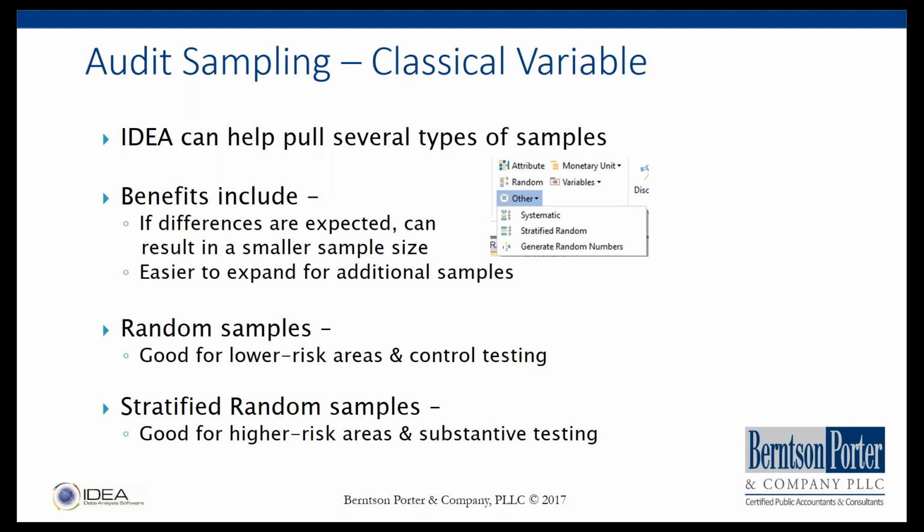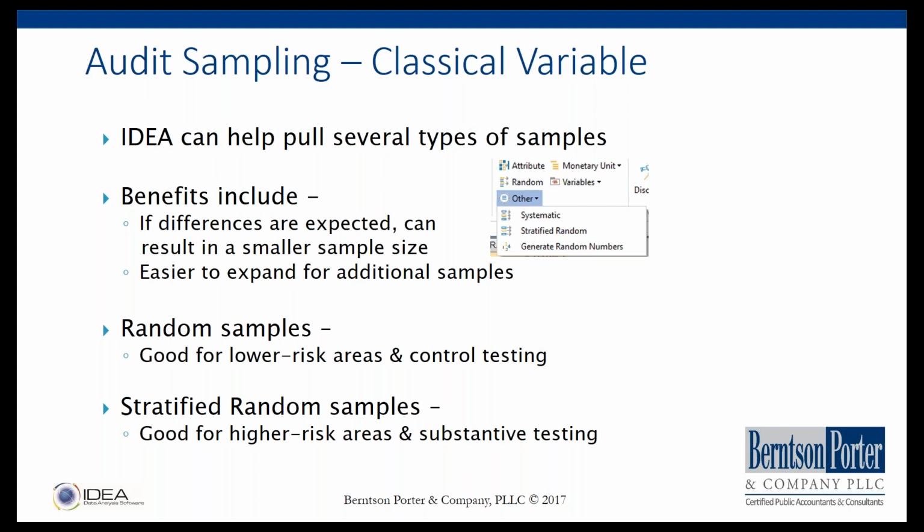So we talked about that we're going to go into random sampling and monetary unit sampling, but first we're going to focus on those random samples and the different types that you have. There are really two, in my experience, major classical variable sampling methods. There's purely random, and then there's stratified random.